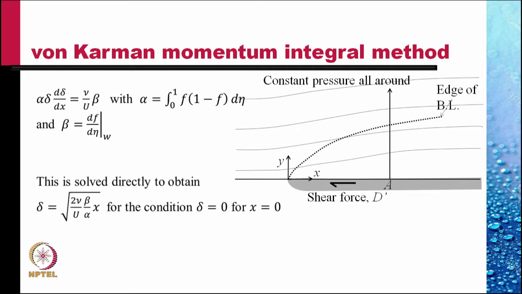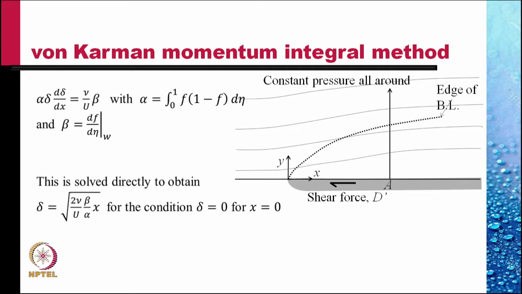And what are the basic requirements of the velocity profile? U at the wall must be 0. V at the wall must be 0. And at the edge of the boundary layer, U must tend to capital U asymptotically. That is, the derivative of the velocity profile should also tend to 0 as y tends to infinity, or at the edge of the boundary layer.